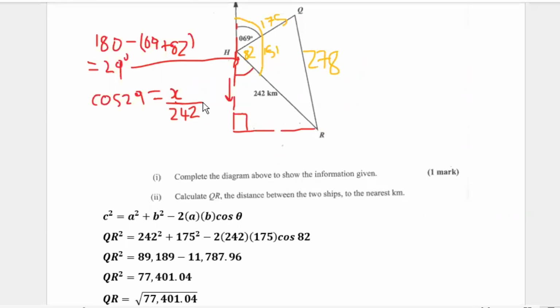How far due south is R from the harbor? Because we're looking at length here, 211.65. So you'll get cos 29 multiplied by 242 is equal to x.